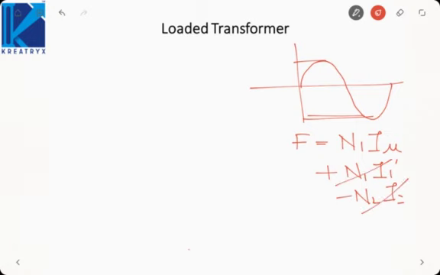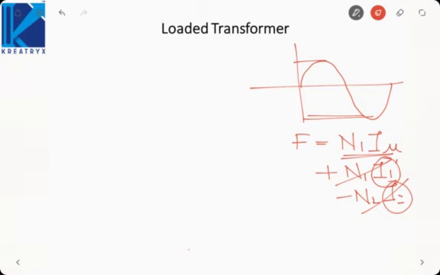Now these two get cancelled, so net MMF is always N1 into I mu. No matter what load you apply, I2 will change, but at the same time I1 dash will be induced in such a manner that it cancels the secondary MMF. That is, based on the secondary current, primary current will be induced.